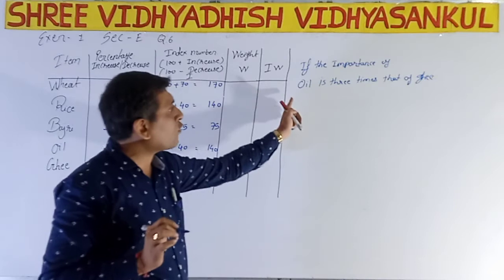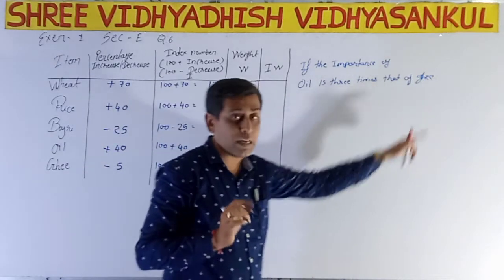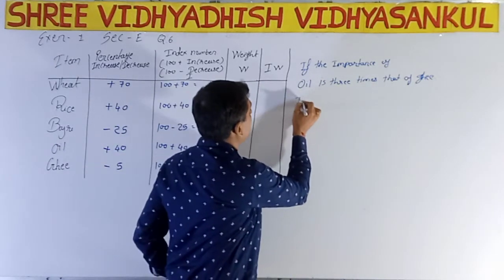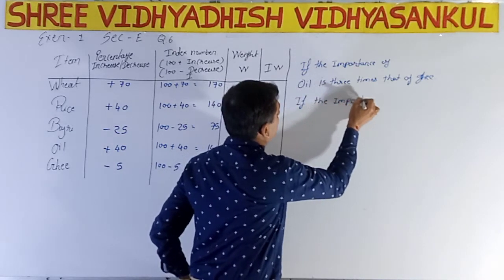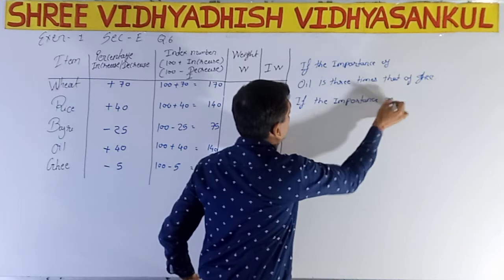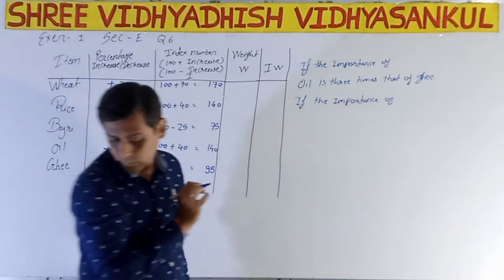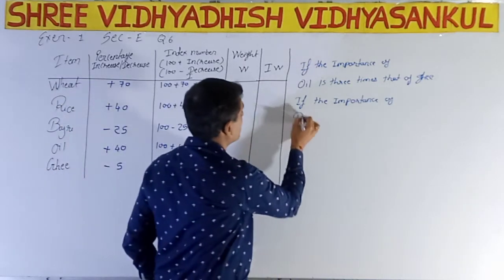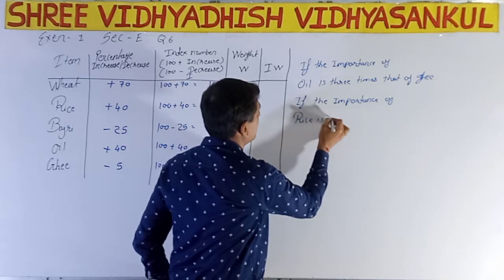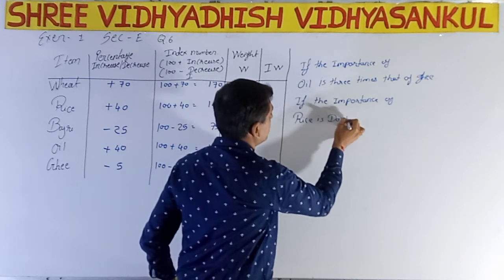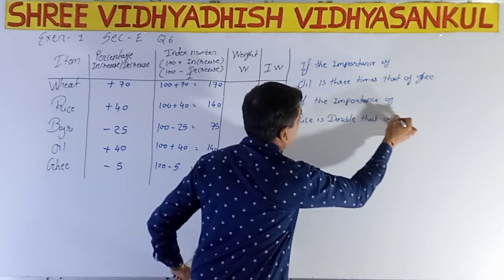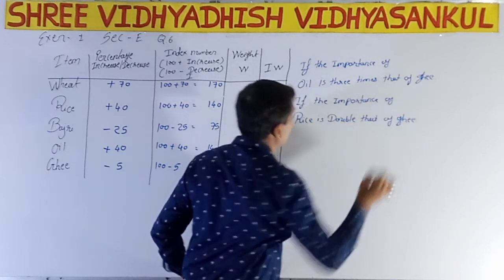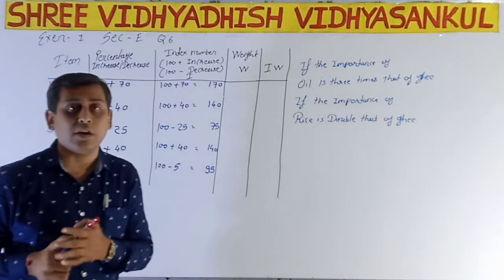If the importance of oil is 3 times that of ghee, and if the importance of rice is double that of ghee. See here, the twist is here.